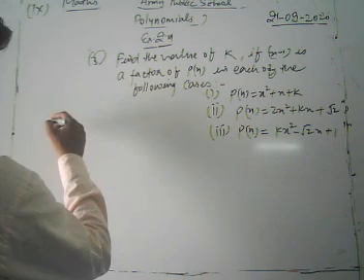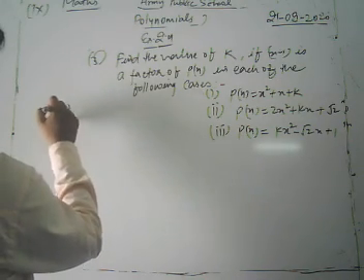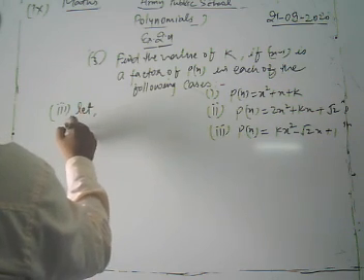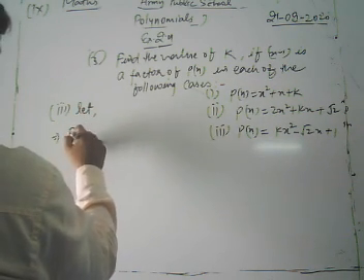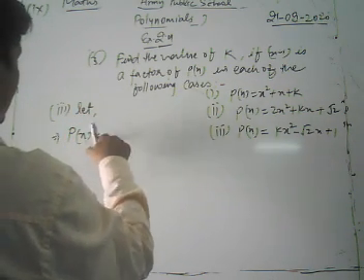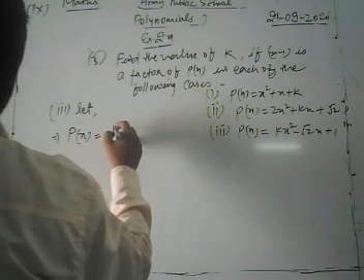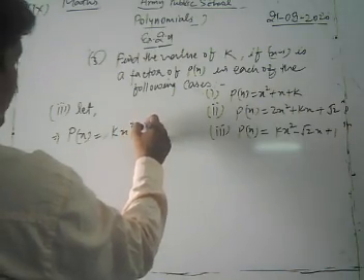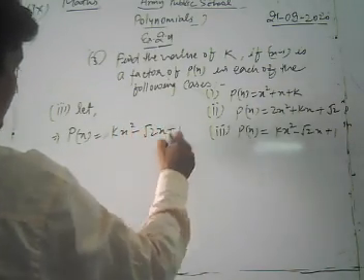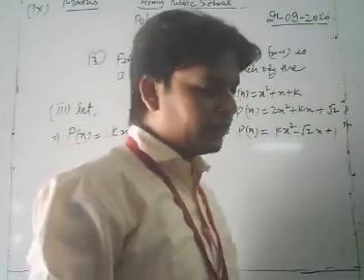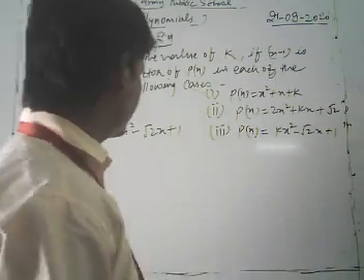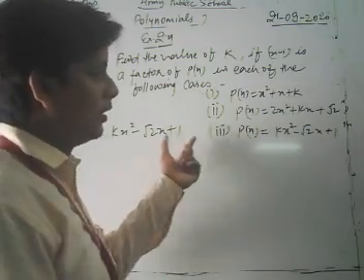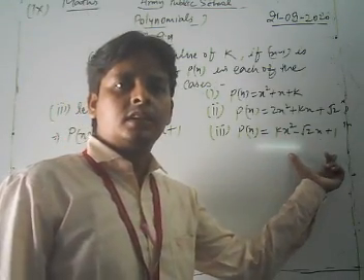Now we take the third part of this question. Let the polynomial p(x) be kx square minus under root 2x plus 1. This is the given polynomial.